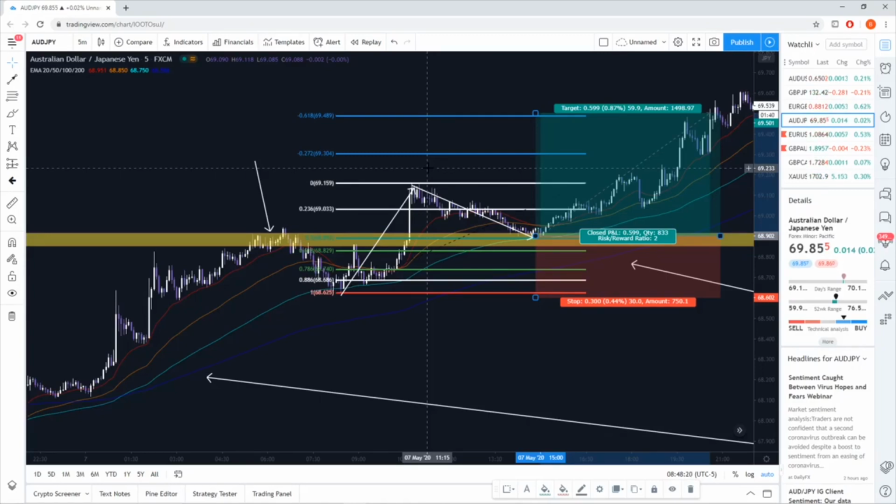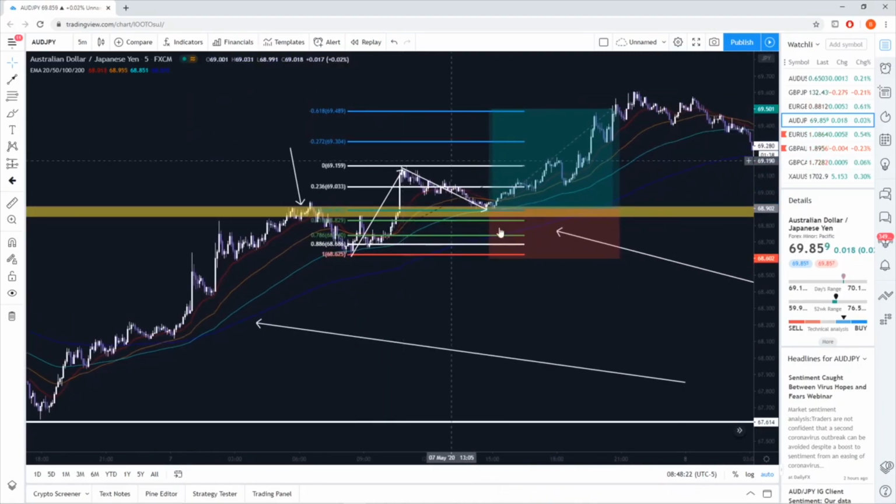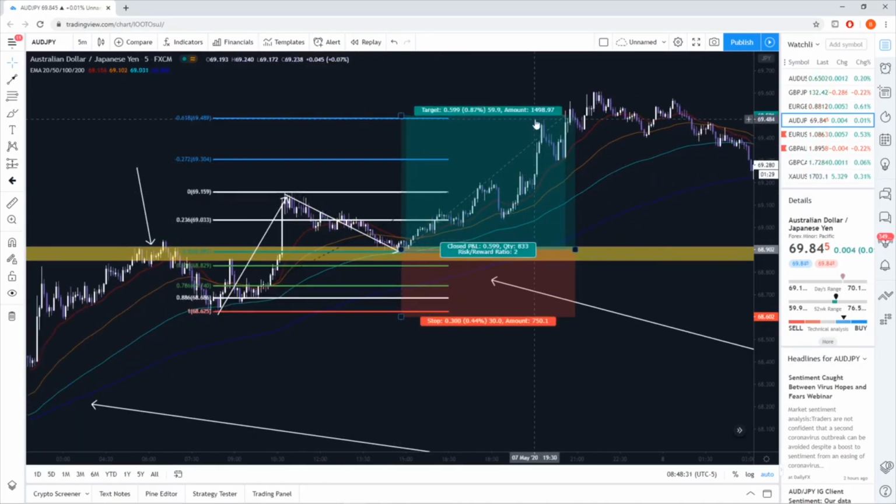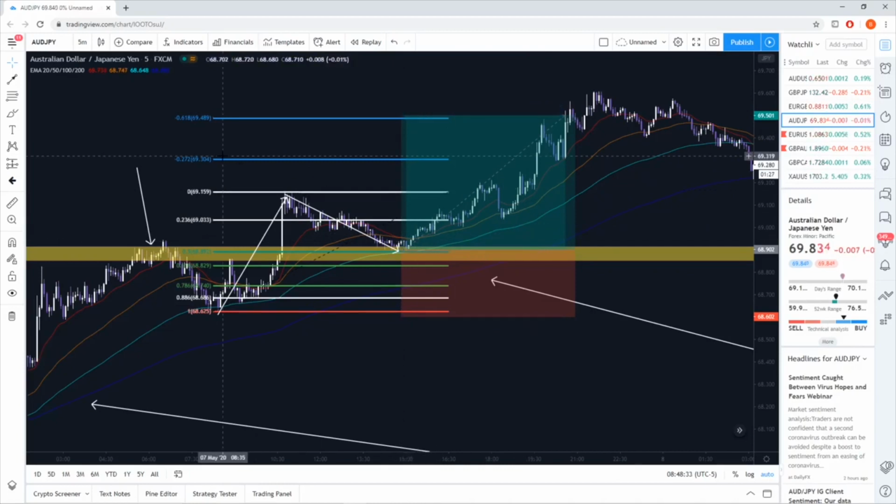But when it comes to this continuation, for me, I like to have a pretty wide stop because a lot of times, market makers will attempt to stop you out. However, I look for the pullback. I look for a continuation with usually about a 1 to 2. So if I'm risking 2%, I could be looking for about 4% on this trade.